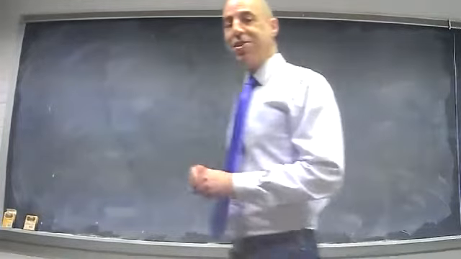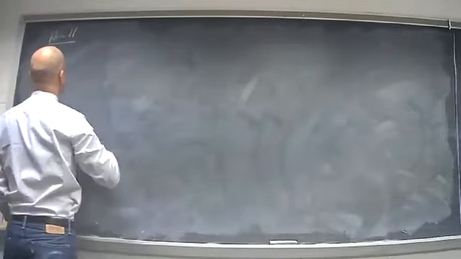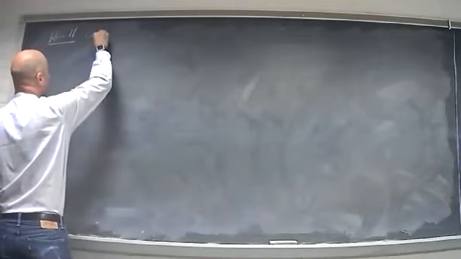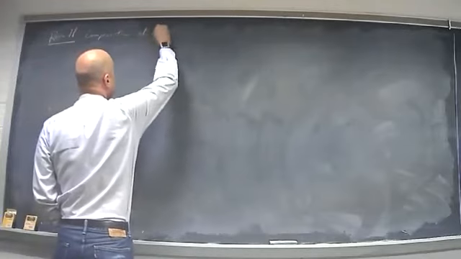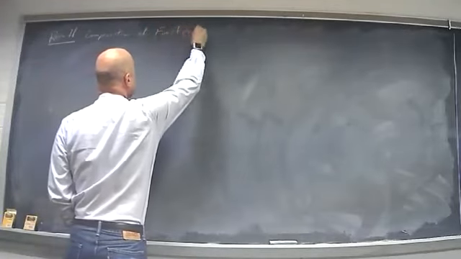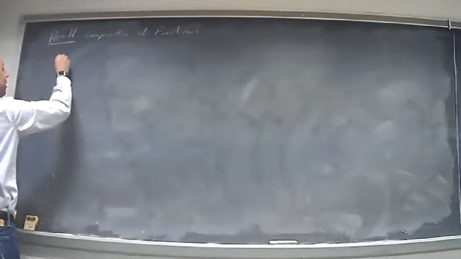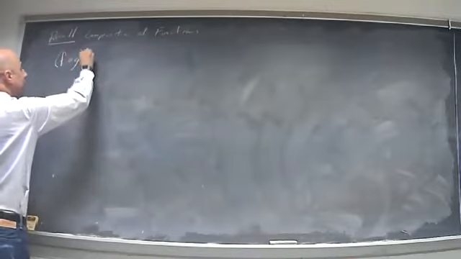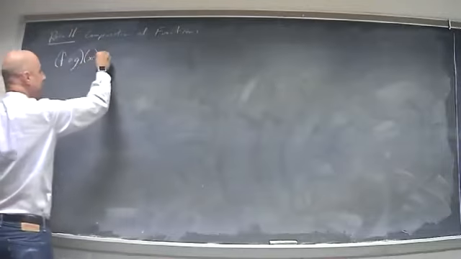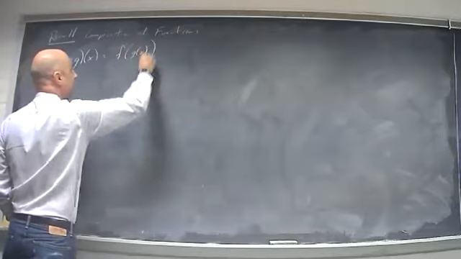Okay, let's get started. So at the end of last class, we were talking about composition of functions. So given two functions, f and g, f composed with g is just shorthand notation for f with g of x inside.